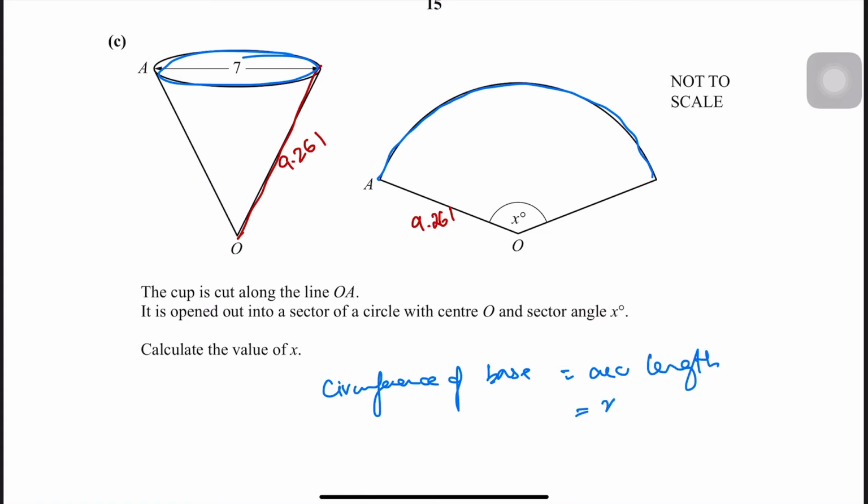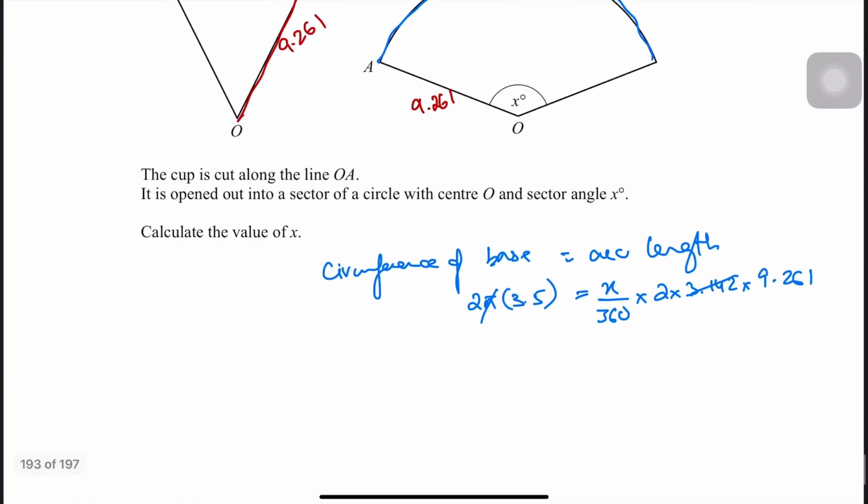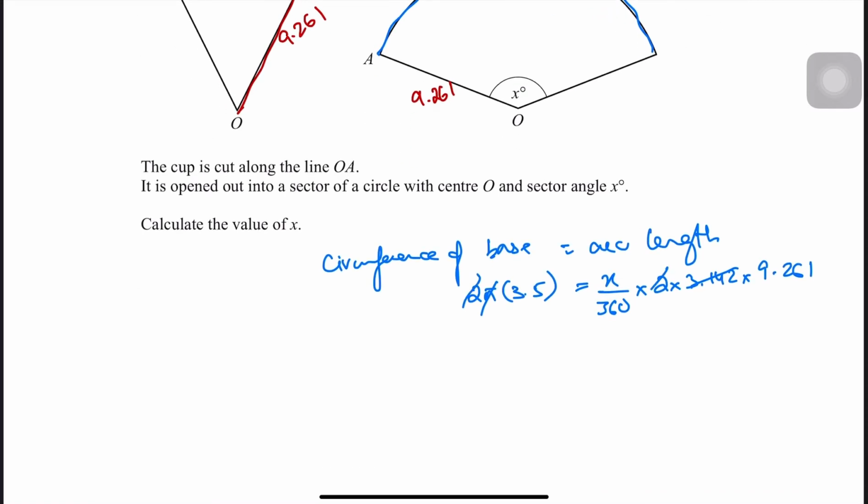Arc length is x over 360 into 2 pi r. Circumference of base is 2 pi r. The pi cancels with the pi, the 2 cancels with the 2.